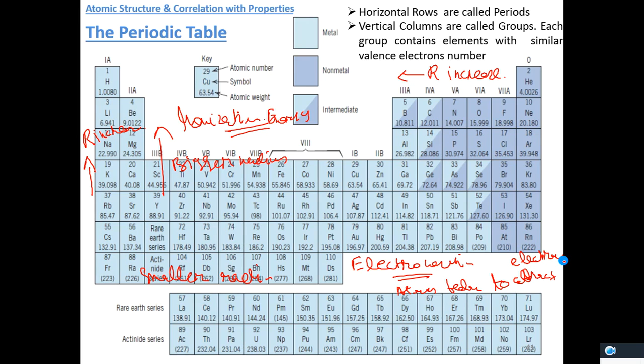So its behavior will also be like ionization energy, and we will see when we go from bottom to top, or when we go from left to right, ionization energy and electronegativity will increase.